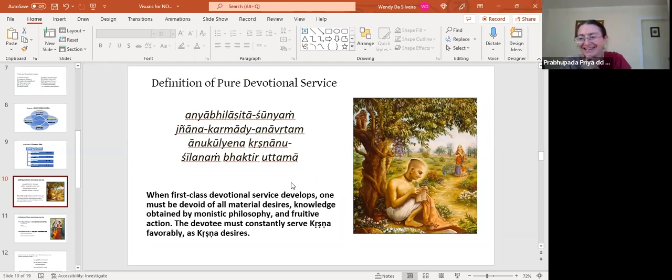All right. So that means that tyaktva swadharma, even if you give up your dharma, in varnashram, everybody has their occupational duties or prescribed duties.